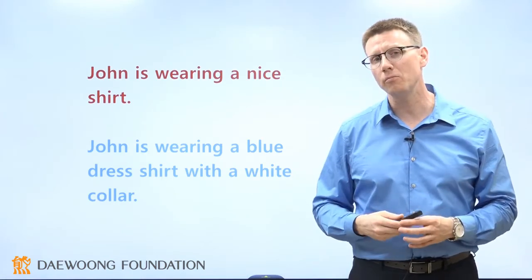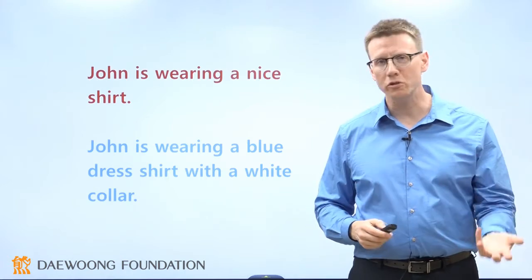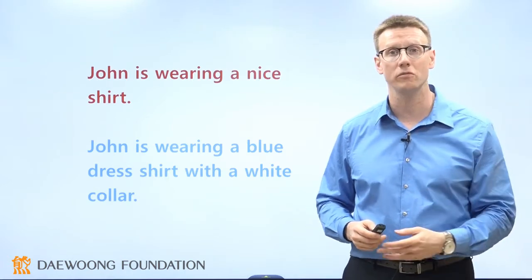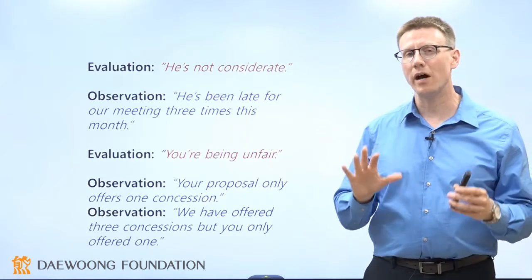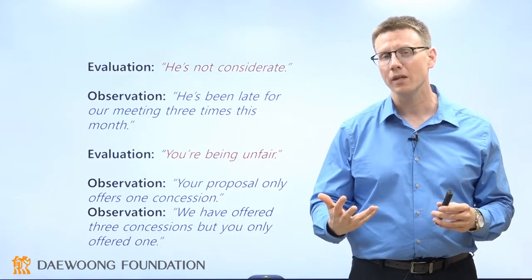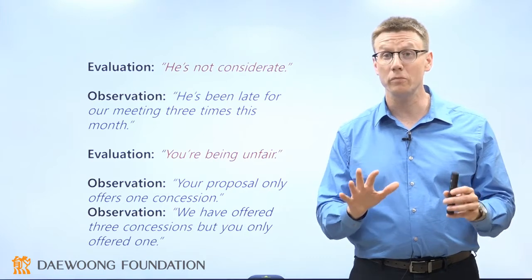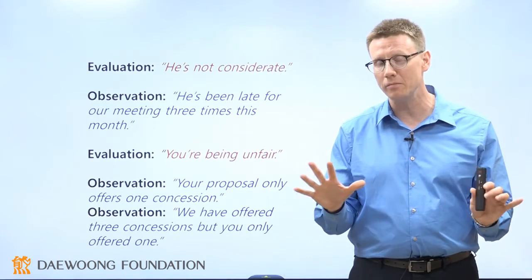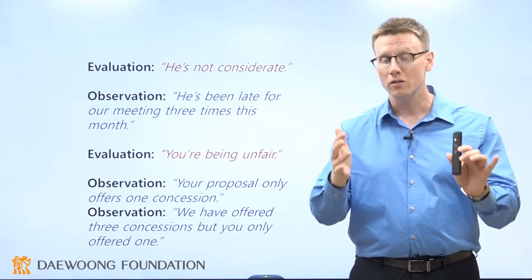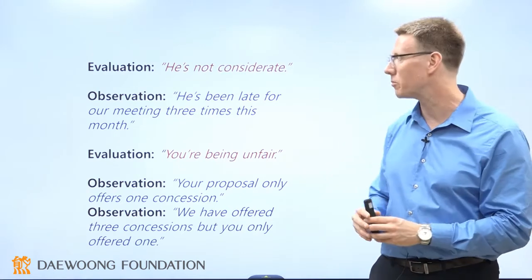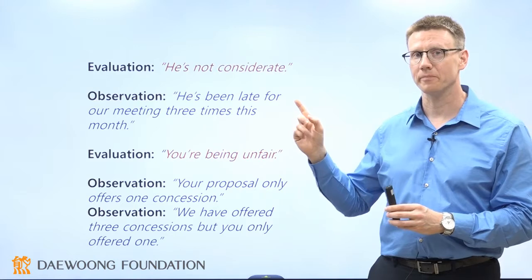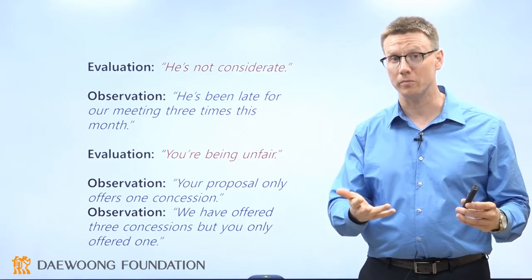So why is this important in a meeting or a negotiation or when we're having a discussion with someone? It's important because we tend to evaluate people's behavior when we really shouldn't. What we should be doing is just describing the behavior, observing the behavior, describing what we see, but without judging it or evaluating it. So for example, he's not considerate. That's an evaluation, that's a judgment.